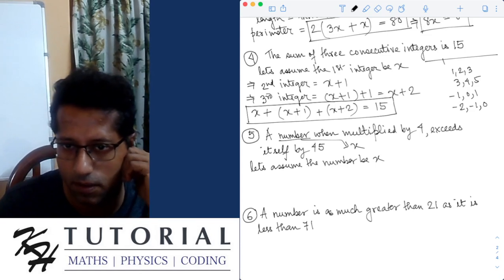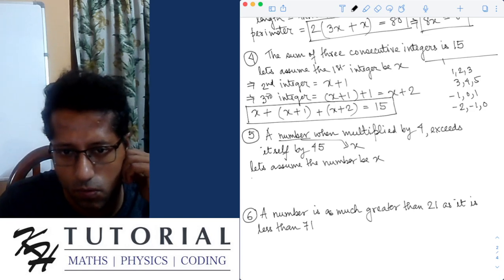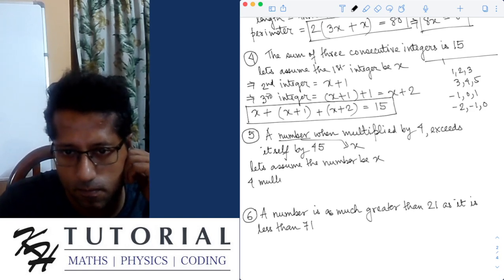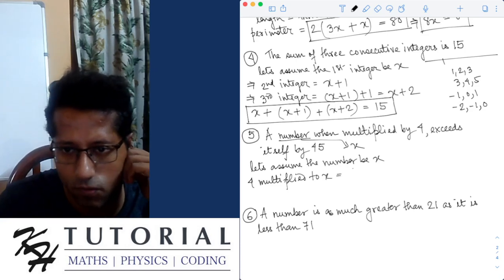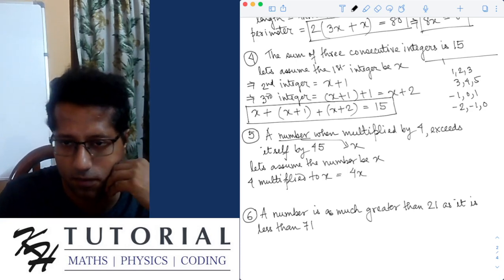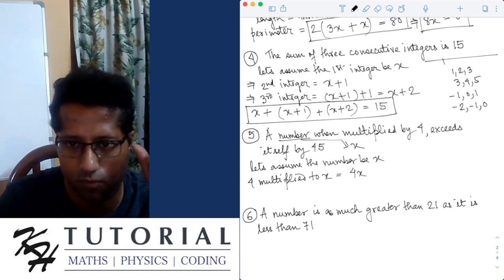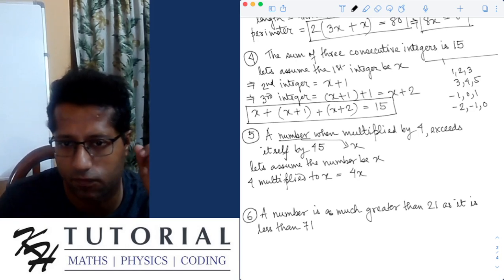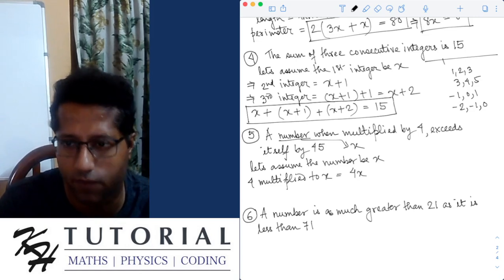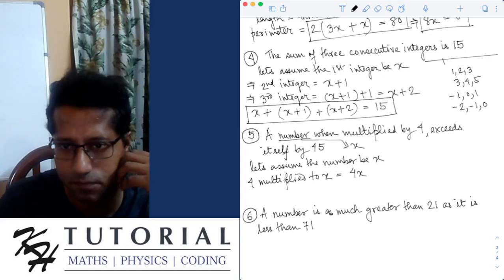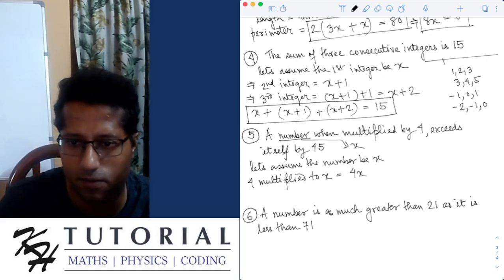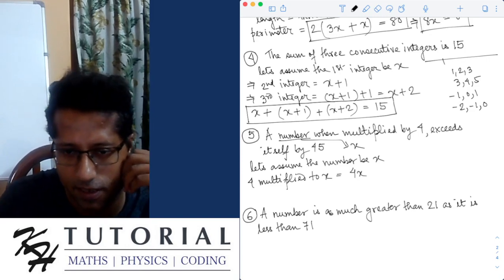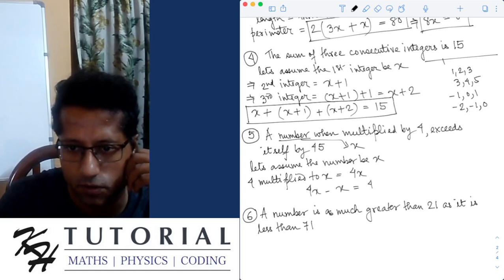Now a number when multiplied by 4, so 4 multiplied to x gives 4x. So that product, 4x, exceeds itself, meaning the number x, by 45. That is, the difference of 4x and the number x is 45. So we can say that 4x minus x equals 45.